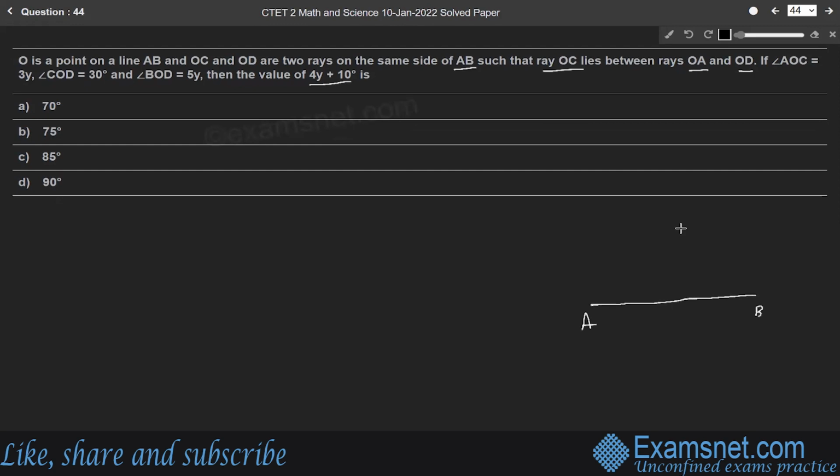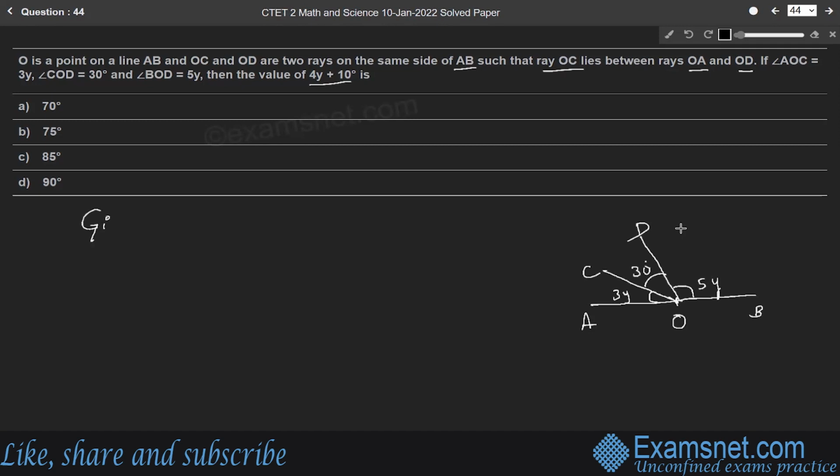So here O is a point on the line AB and OC and OD are two rays on the same side of AB such that OC lies between OA and OD. So here OC lies between OA and OD and angle AOC is 3y, COD is 30 degrees and BOD is 5y. So we have to find the value of 4y plus 10.